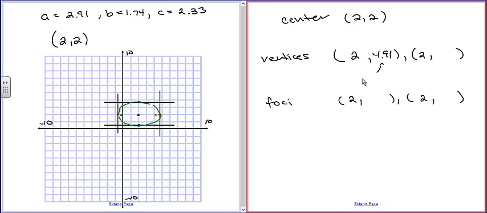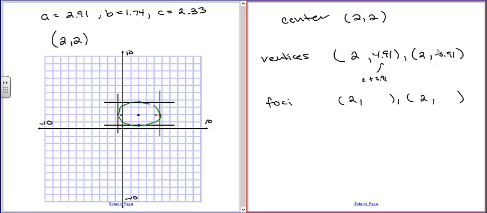So this is 2, the center, plus 2.91, half the length of the major axis. And then here you're going to be subtracting it. So you go 1, 2, and then 0.91. So that's negative 0.91. And if you take 4.91 minus a negative 0.91, you'll get 5.82, and you divide by 2, and you get 2.91.